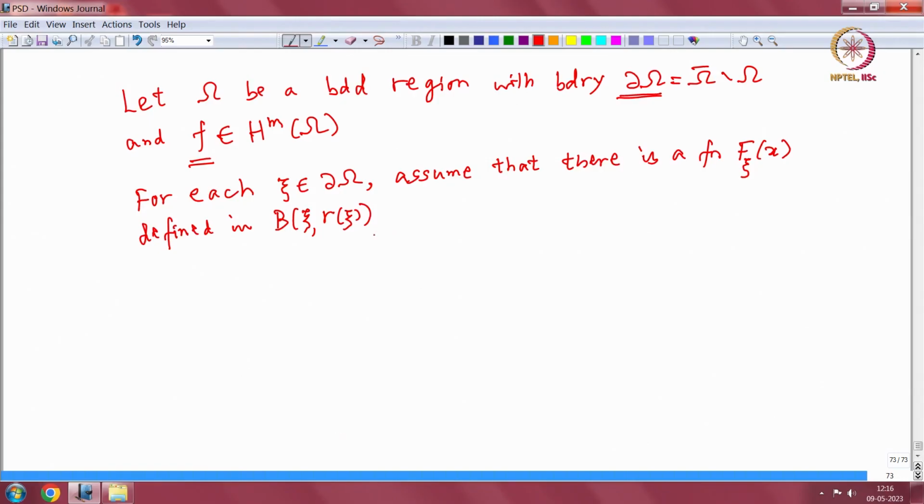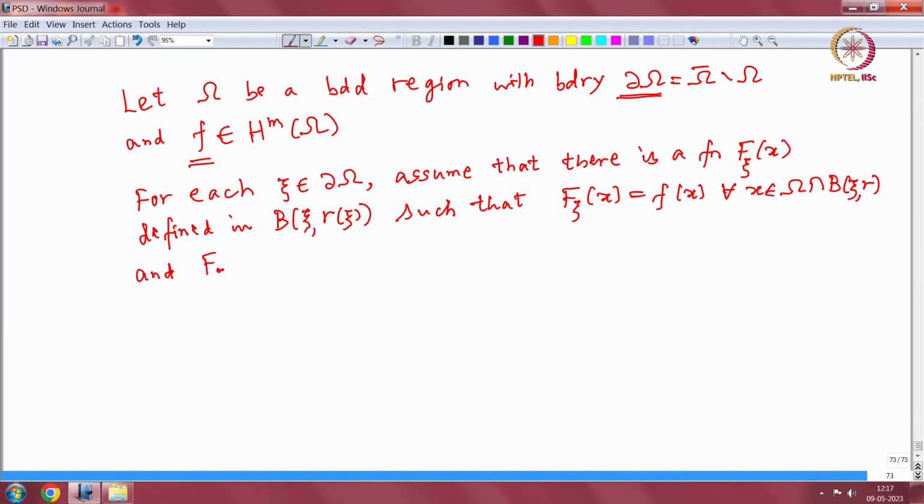Such that, first of all it is an extension of given f in this ball, such that f_j(x) is equal to f(x) for all x in omega intersected with this ball of radius r. And of course, we want this in the same class.